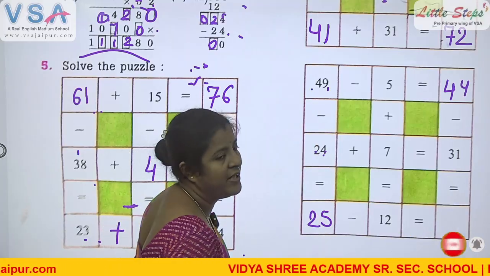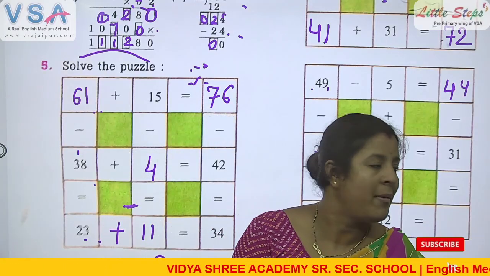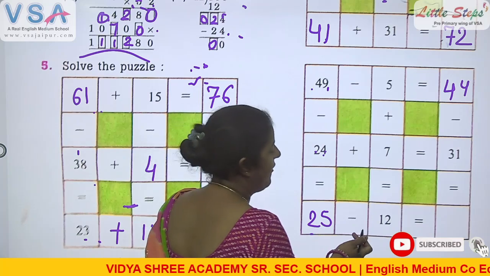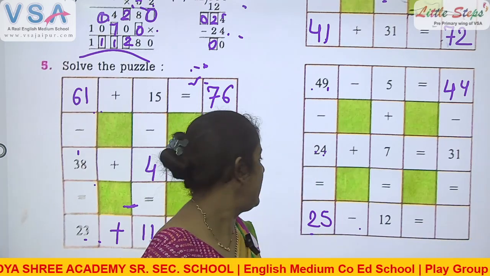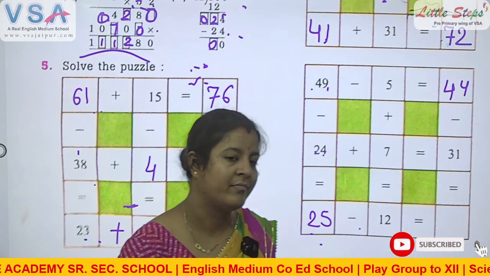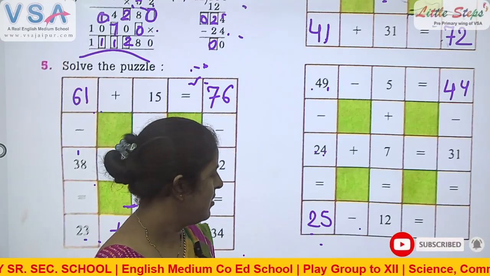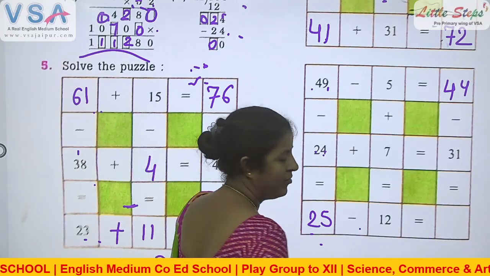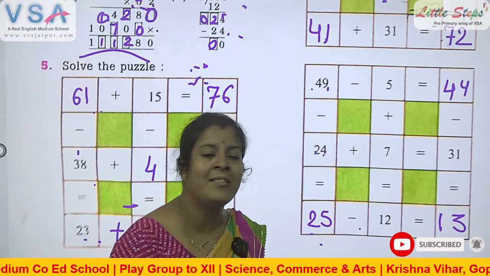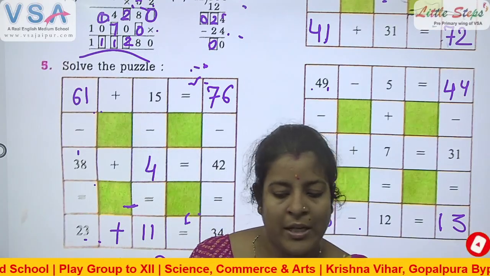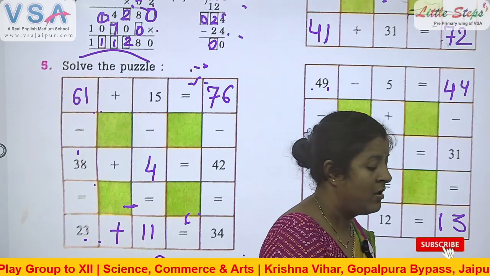Then the answer is, take your seat, Soumya. 25 minus 12. 5 minus 2 and 2 minus 1. Then the answer is 13. Okay? Had done?